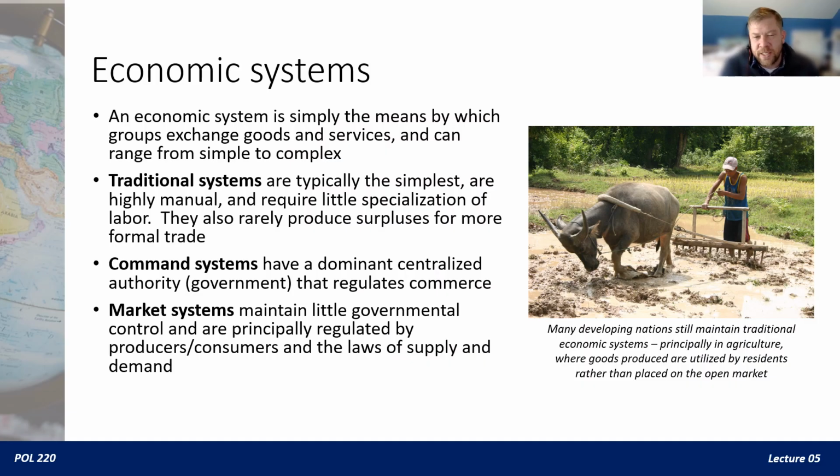So there's a couple different types of economic systems, and they range from simpler to more complex. At a very basic level, you have traditional economic systems that are highly manual, require little in the way of specialized labor, and they rarely produce surpluses, or more stuff than people need.